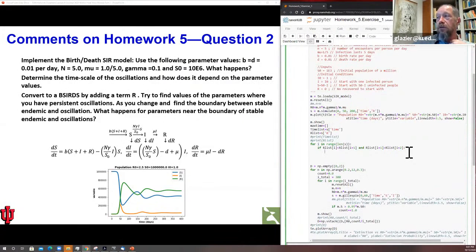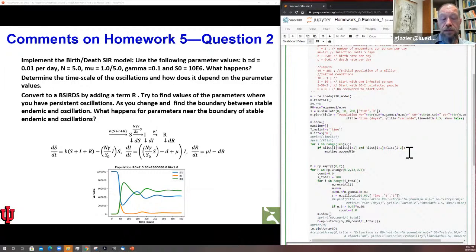Then we could say, okay, we found our local maximum. That's I plus 1. So then we could do time list dot append the time for I plus 1. Sorry, I said time, I meant max time. Max time dot append the time which corresponds to I plus 1.